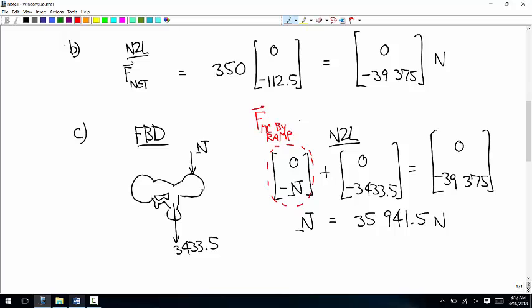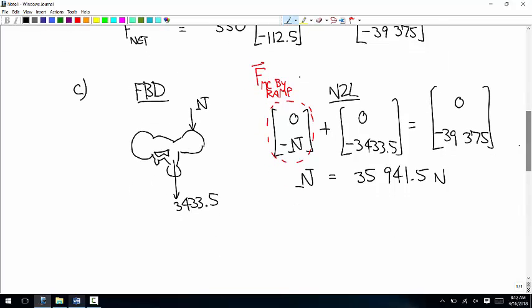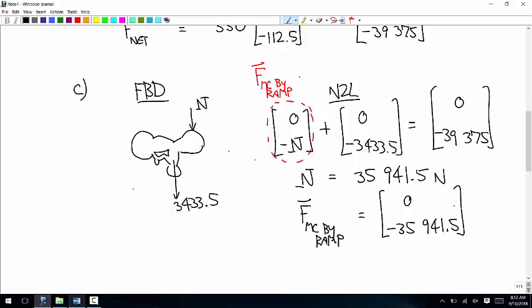Okay. That is a vector. So to solve for that normal force variable, you just get the positive number. If you wanted the force vector on the motorcycle by the ramp, you take that variable, plug it back into the vector, and you get 0, negative 35,941.5. Yeah, that's right.